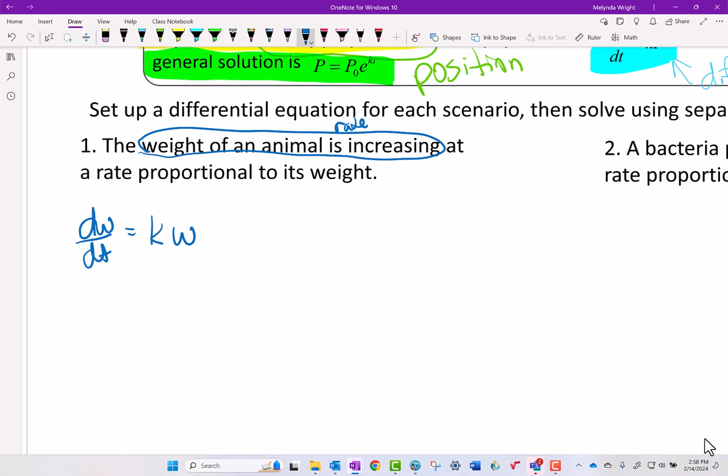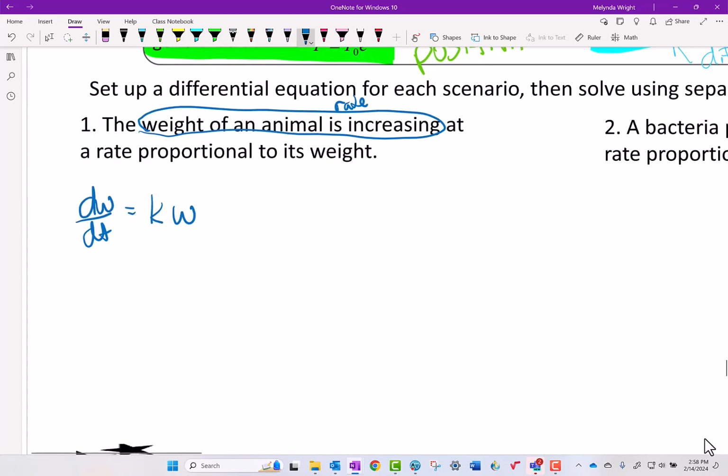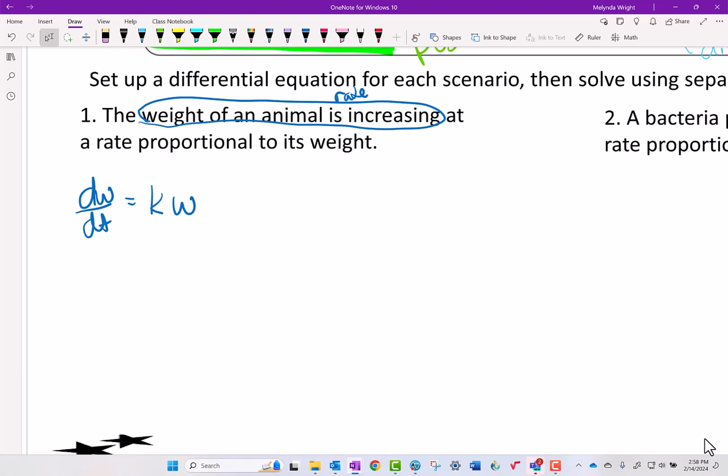So we're going to separate, like we did in the previous lesson, and do the antiderivatives. The dW, we divide by W, and we have k dt. We integrate both sides.